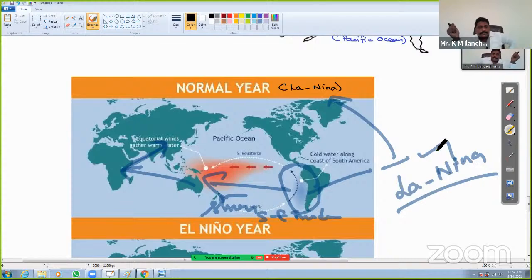The next sentence you can write: when the cold Peruvian current gets re-established along the Peruvian coast, it is referred to as La Nina.